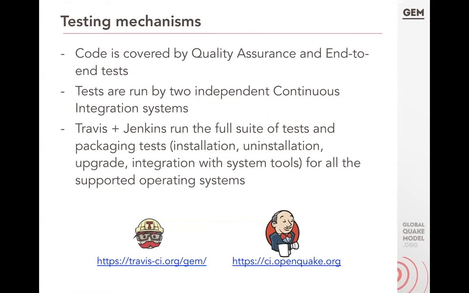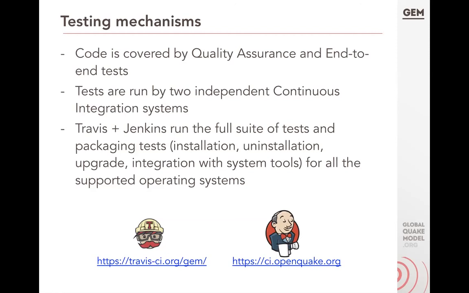The development of any new code or changes in the code are overseen by a very rigorous testing mechanism. So anytime new changes are pushed into the OpenQuake code base, a set of quality assurance tests and unit tests are run automatically.